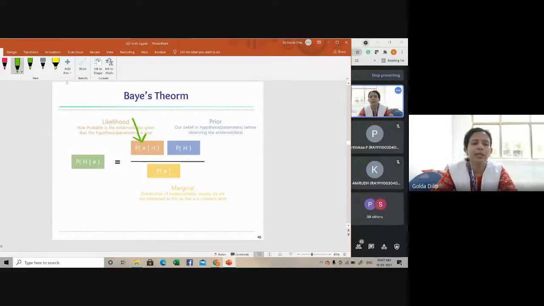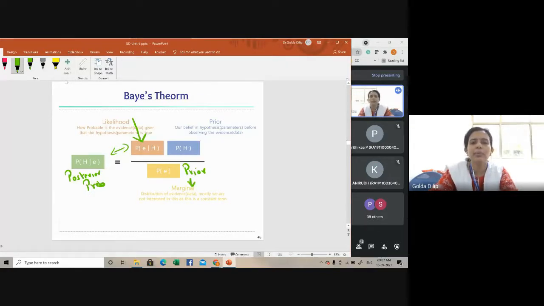This is your posterior probability, P of H given E. This is the reverse of that. These two, P of H and P of E, are also prior probabilities, but we call them by a special name, marginal probability.